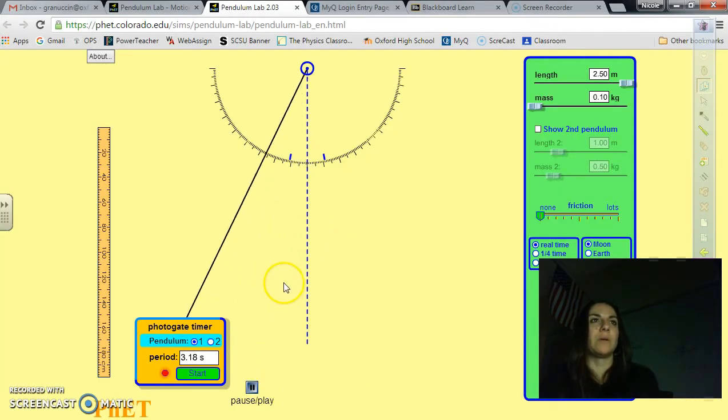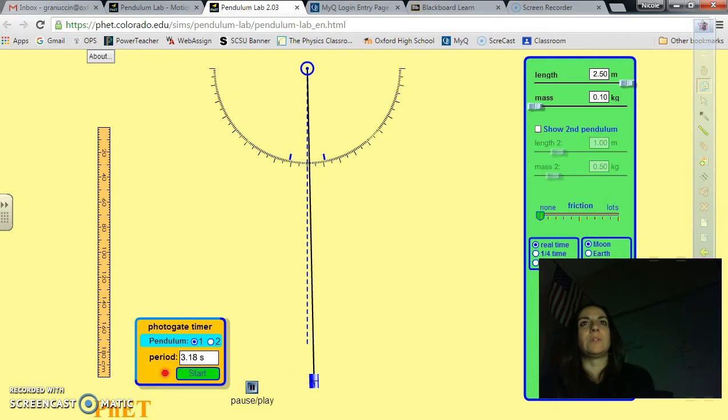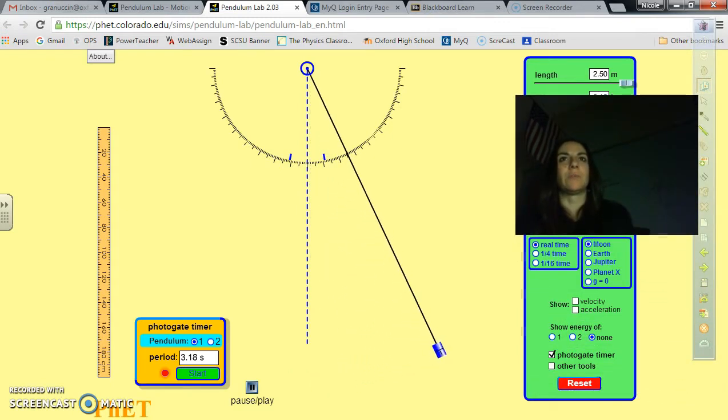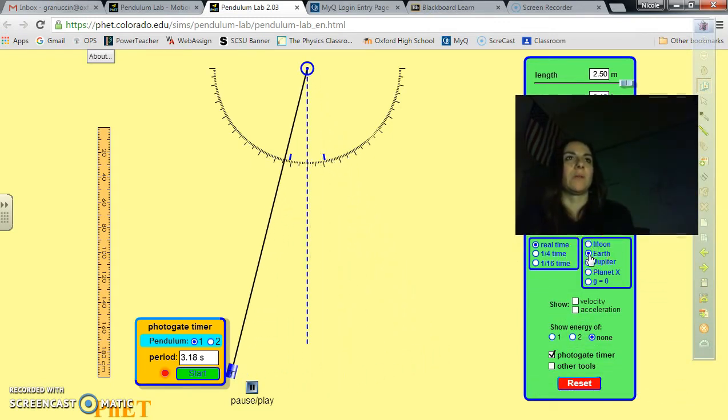A very large period. Now if we do the inverse, so let's change this to planet, here's planet Earth again just to give you a perspective. You can see it sped up. So Jupiter, notice it goes faster.